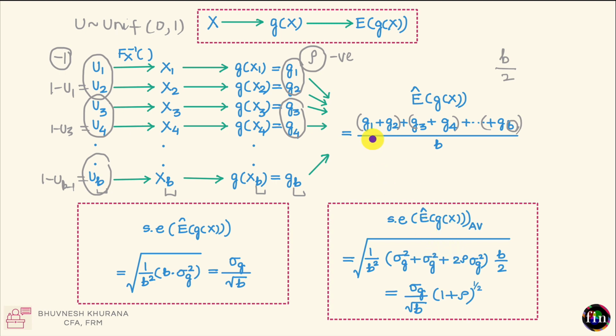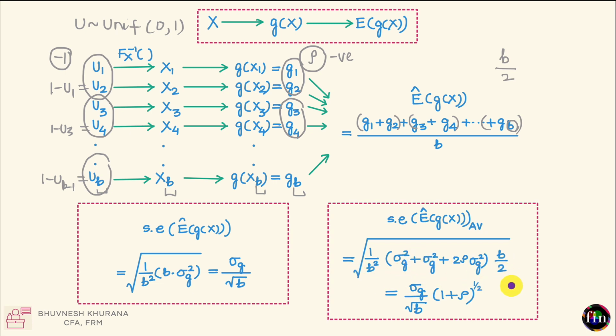So plus 2 times the covariance between g1 and g2, and that is simply 2 times the correlation between g1 and g2, which we've denoted by rho, that times sigma of g1, that's sigma g, that times sigma of g2, that's again sigma g. So for any pair of values which are being summed, the variance would be this much. And how many pairs do we have? These many pairs. So I'll have a b over 2 in the end.